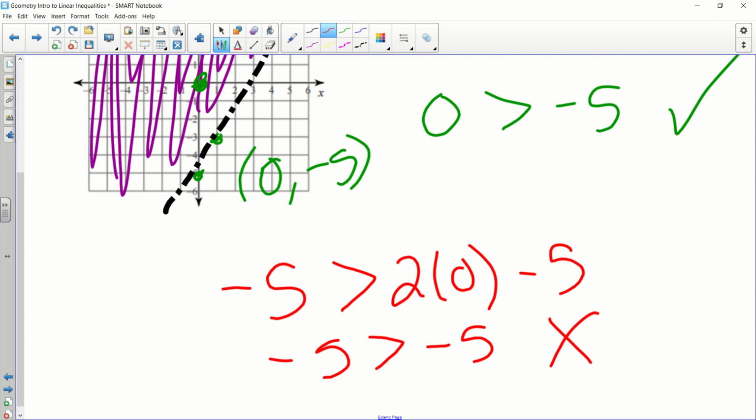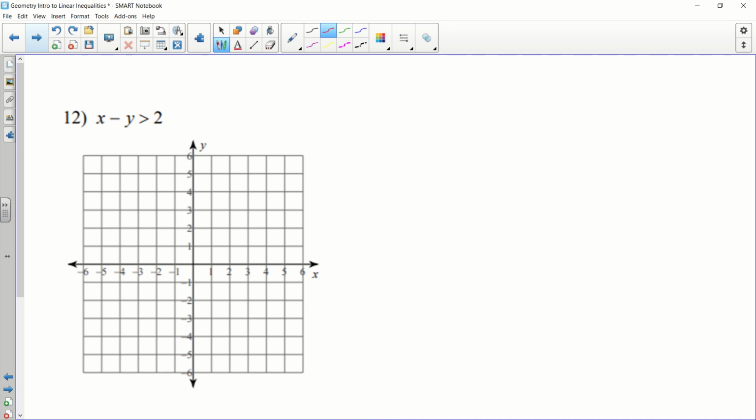Let's take a look at one more example. I wanted to put this one up because it's not in our traditional y equals mx plus b form. So we have a couple options. The first option is to convert it into that traditional form. So I would subtract x from both sides.